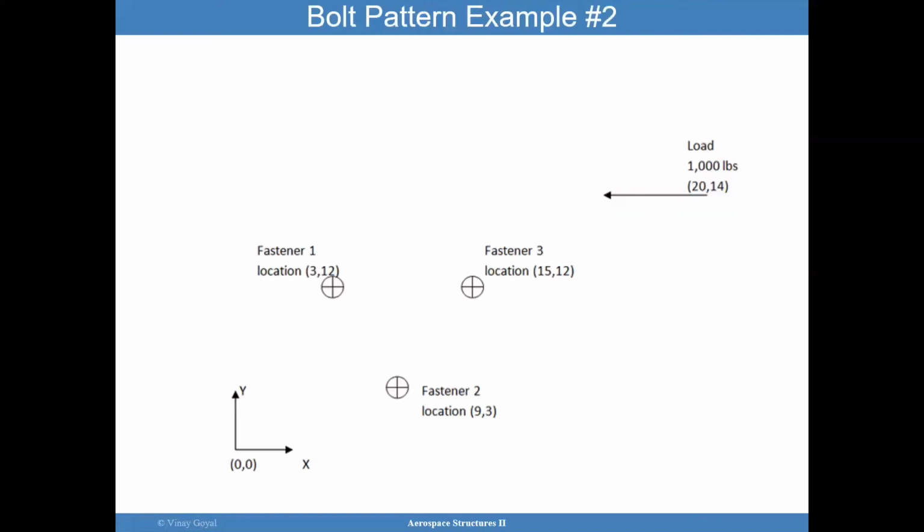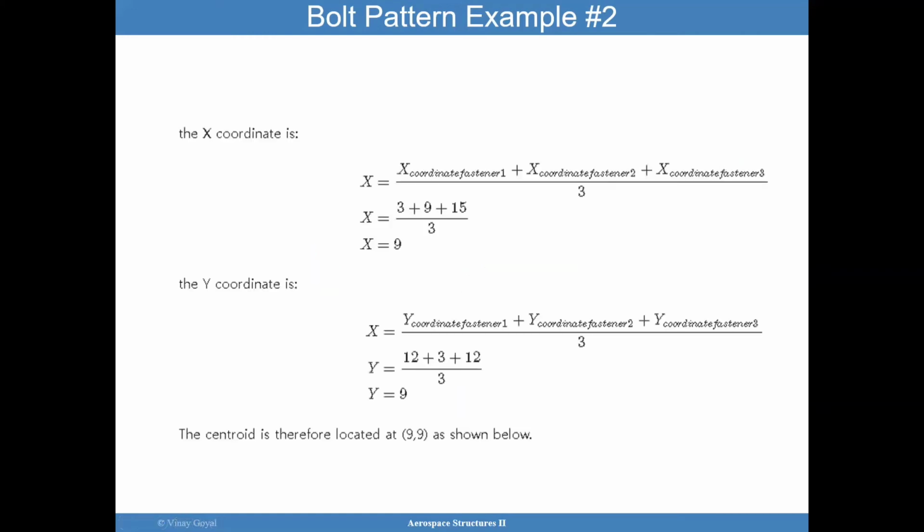Another example is, say you have a pattern of bolts that looks like this. Fastener 1, 2, and 3. I apply a load of 1,000 pounds at this location. The first step is to find the centroid of this bolt system. The X coordinate and the Y coordinate can be found very simply.